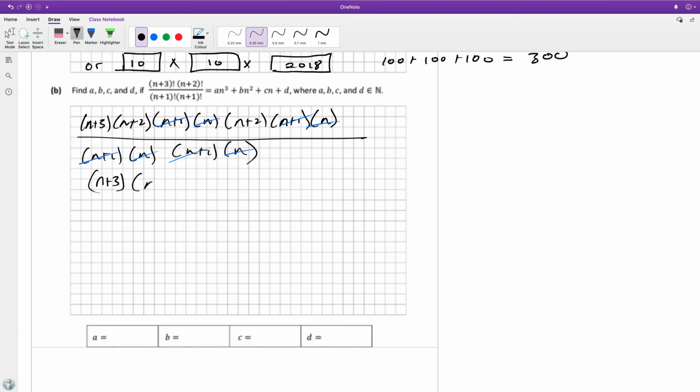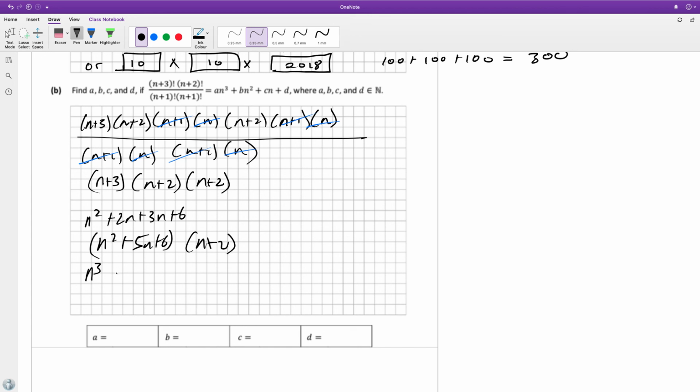Any idea what I do here? Just multiply them out. Multiply the first two. N squared plus 2n plus 3n plus 6, n squared plus 5n plus 6, by n plus 2.